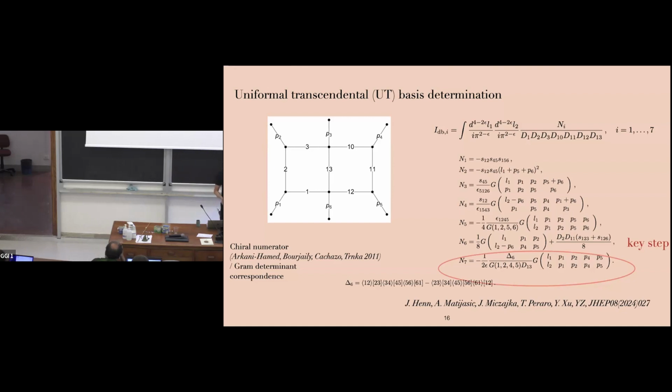But in some cases, especially for 5 point to 6 point, the tricky thing is you have to add some numerator which vanishes in 4D. You don't see it from the 4D singularity, but it is actually non-zero after evaluation. This also changes your differential equation dramatically. So this upgrading is not totally trivial.